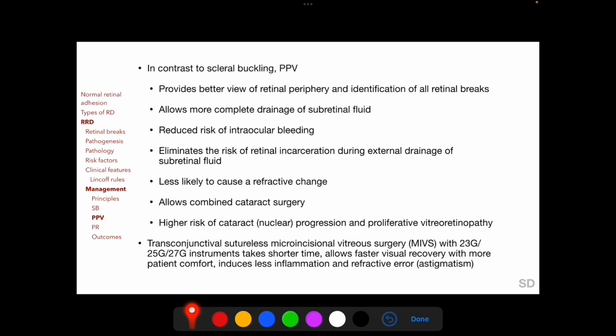In contrast to scleral buckling, PPV provides better view of the retinal periphery and allows identification of all retinal breaks, allows more complete drainage of the subretinal fluid, has a reduced risk of intraocular bleeding, eliminates the risk of retinal incarceration during external drainage of subretinal fluid during buckling, is less likely to cause a refractive change, allows combined cataract surgery along with PPV, but has a higher risk of cataract, typically nuclear cataract progression, and proliferative vitreoretinopathy.